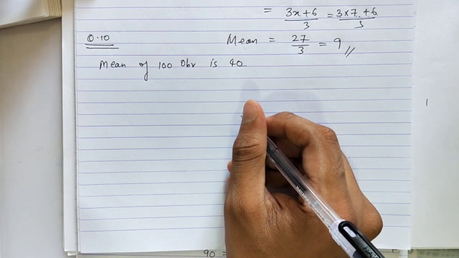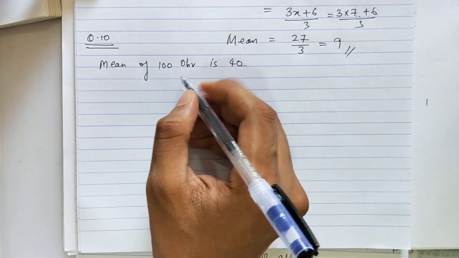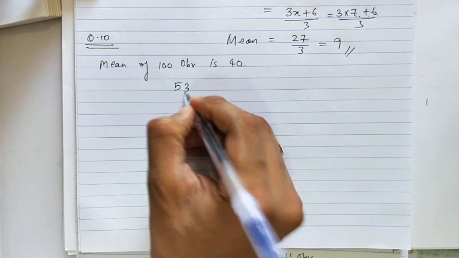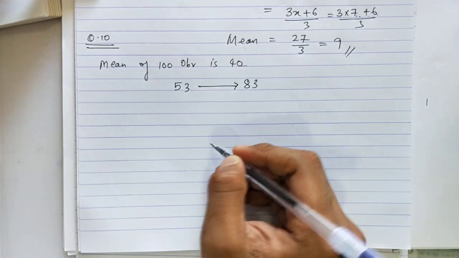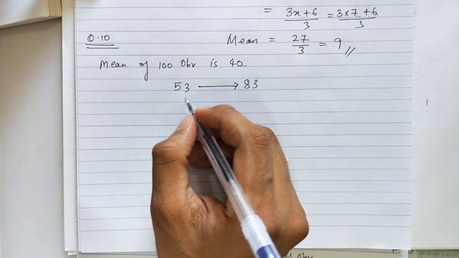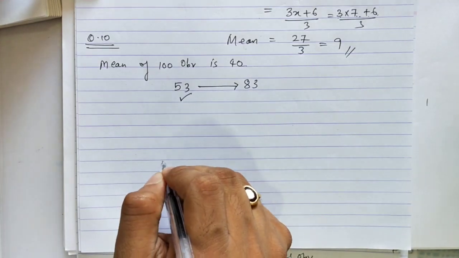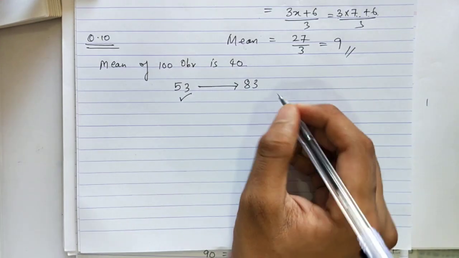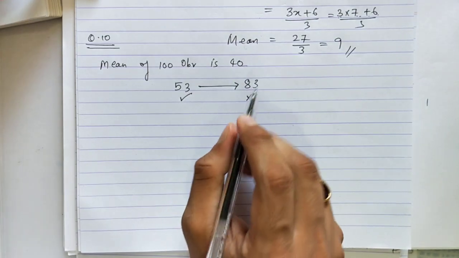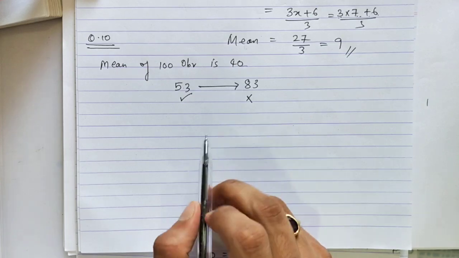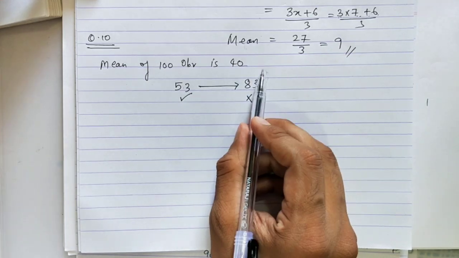It means observation 53 was the correct value, but it was mistakenly written as 83. So 83 is the wrong value.